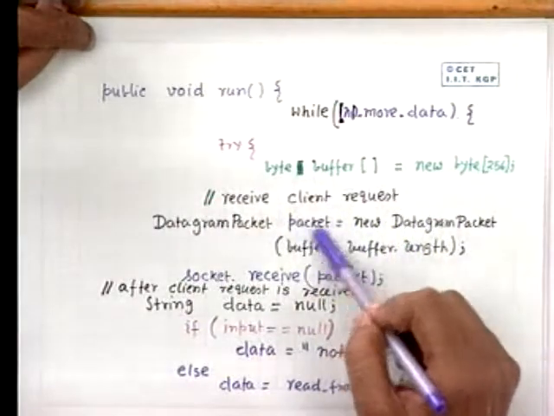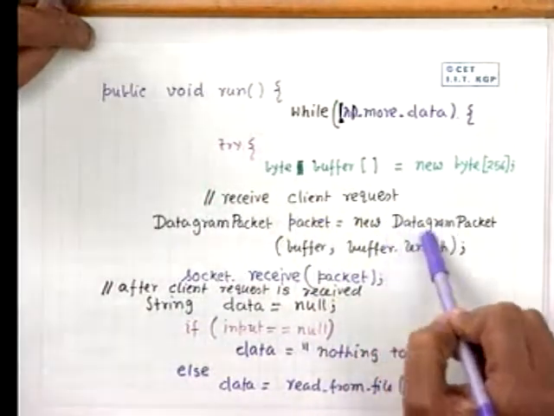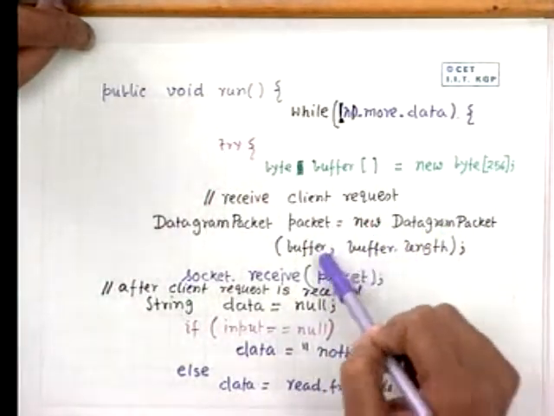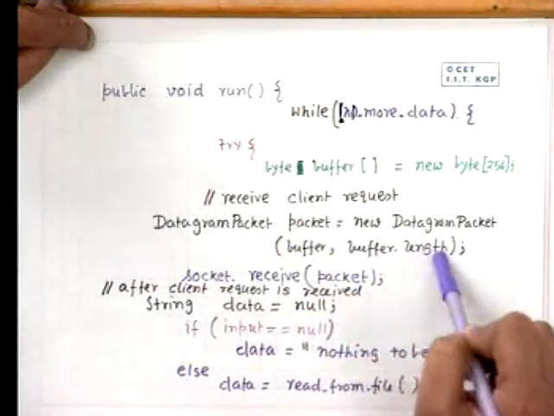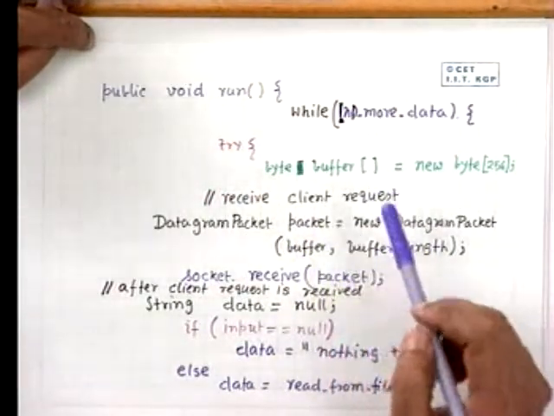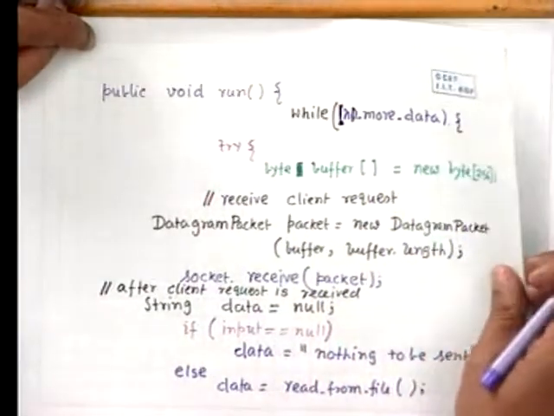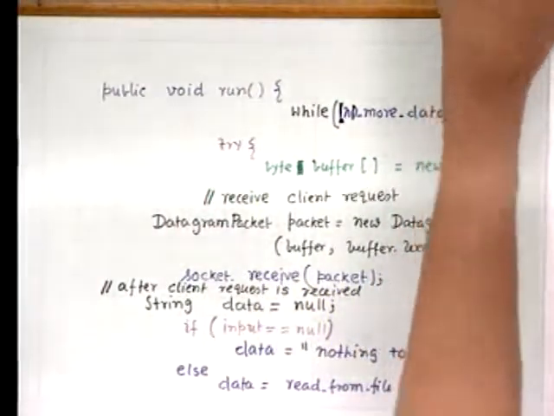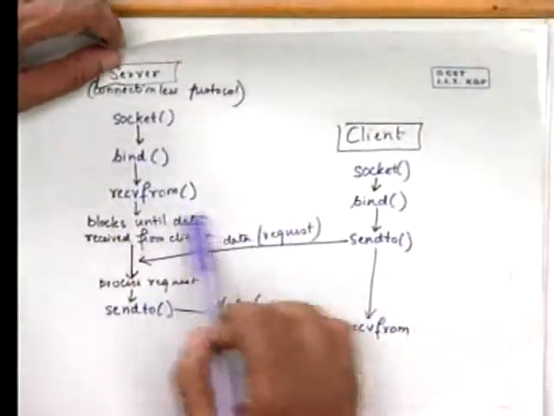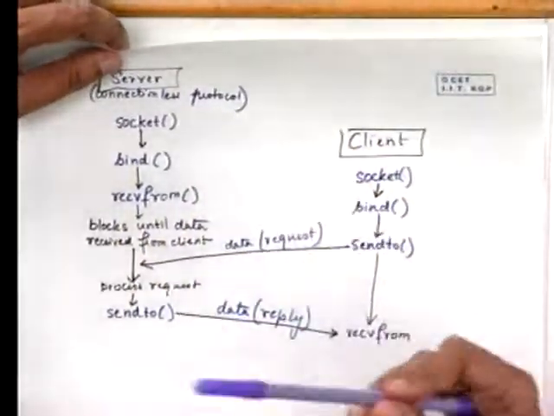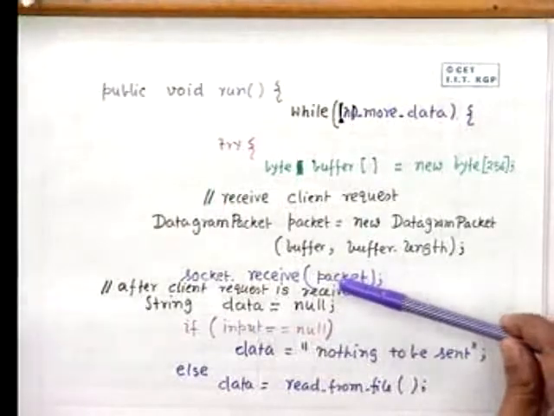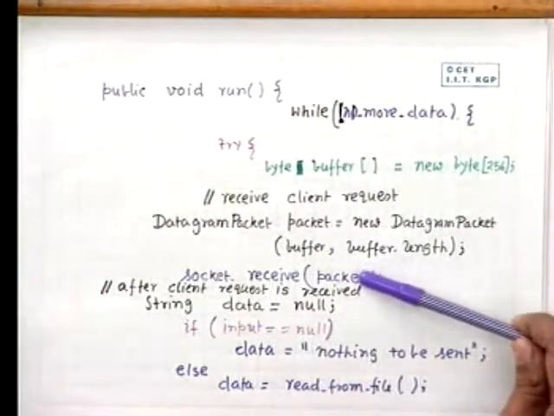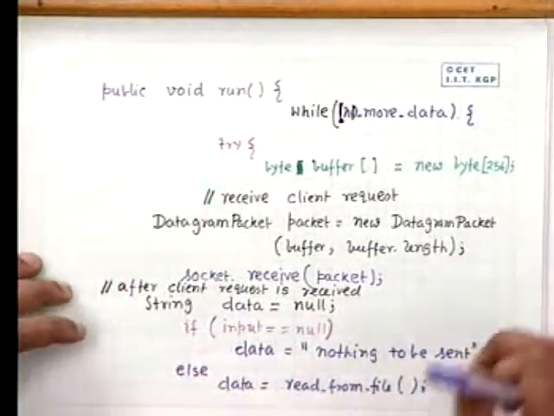We create a new Datagram packet with the buffer and length, which specifies the length of the buffer and how much will be read. And then we execute the call socket receive packet. Remember, we had said that we have to receive a packet, so this server will wait till the client's request is received, that is, a packet of data from the client is received.